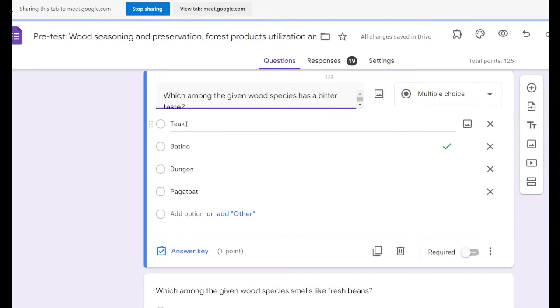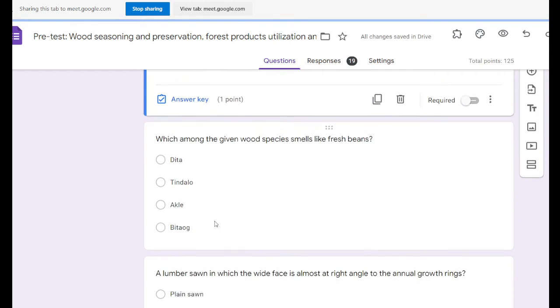Teak is popular for a fresh beans na smell. Dungon, I forgot the dungon. Pugatpat is a salty na taste. Ang dungon, I think it's a smell. It smells like a leather. Tama. Batino has bitter taste. Dungon smells like leather. Teak smells like fresh beans. Pagatpat has a salty taste.